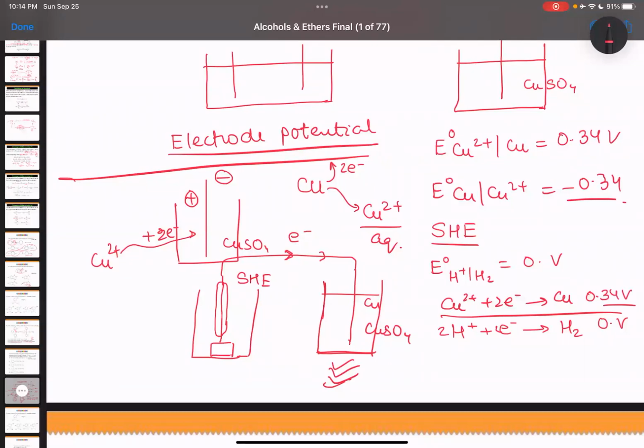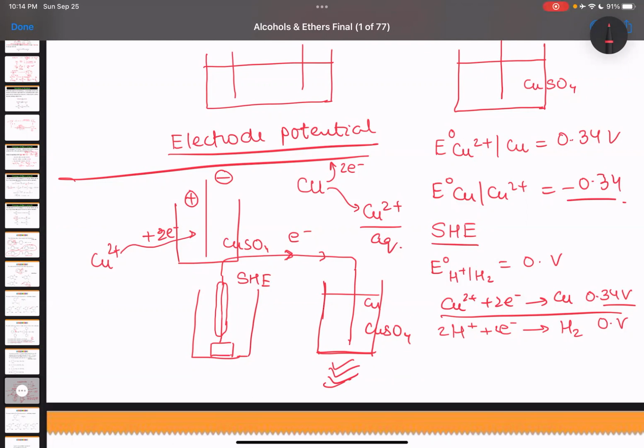Clear? So the higher the tendency is, the higher the element is going to be placed. So I hope this is clear to you.